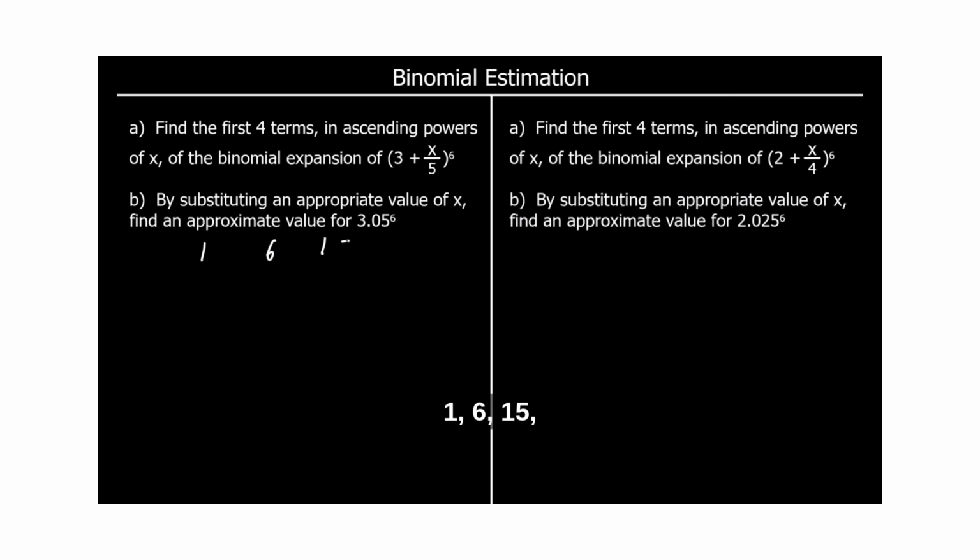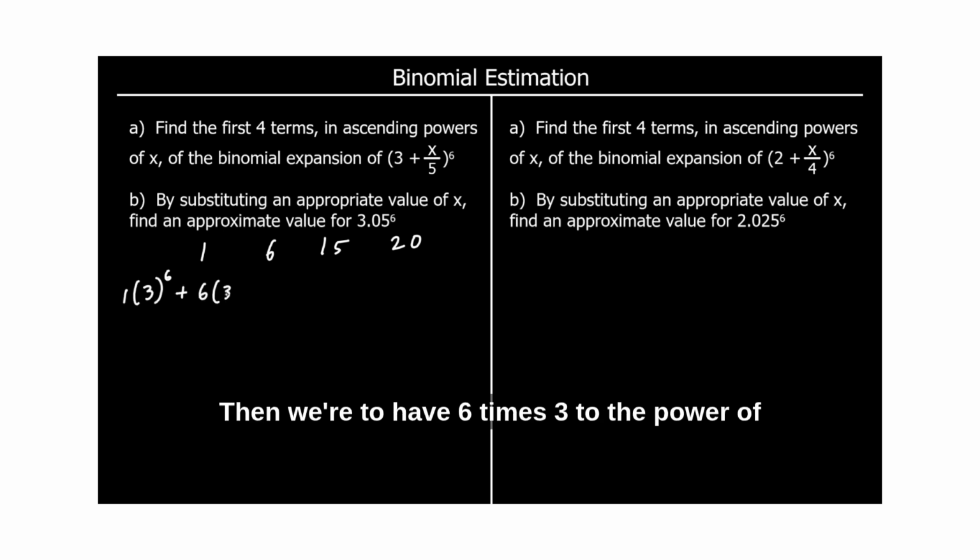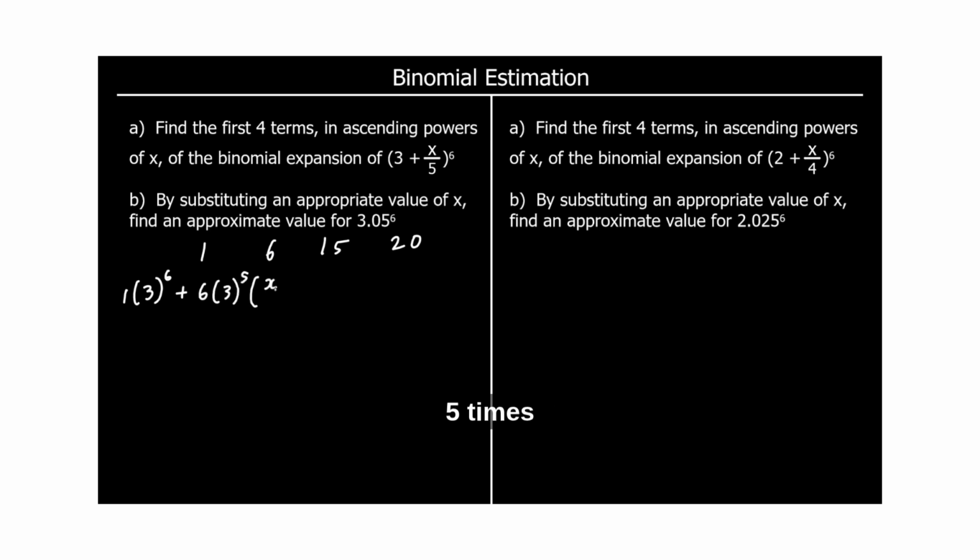So our first term, 1 times 3 to the power of 6. Then we're going to have 6 times 3 to the power of 5 times x over 5 to the power of 1 plus 15 times 3 to the power of 4 times x over 5 squared plus 20 times 3 cubed times x over 5 cubed.